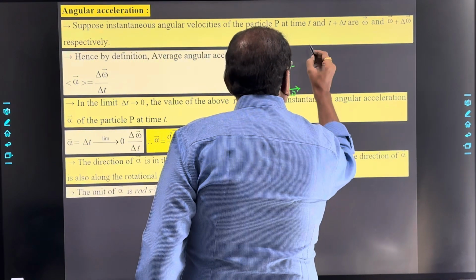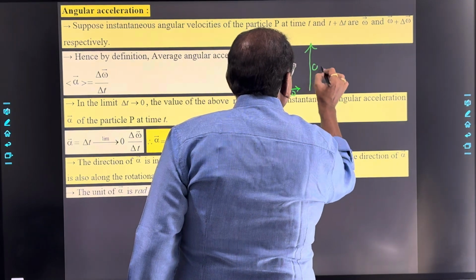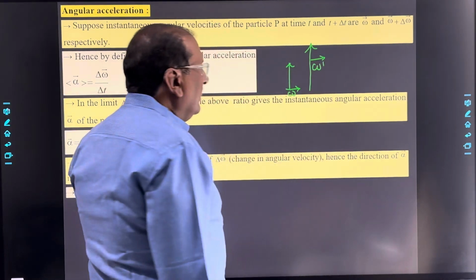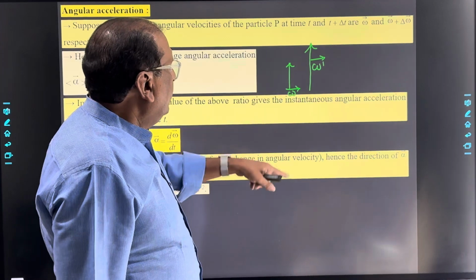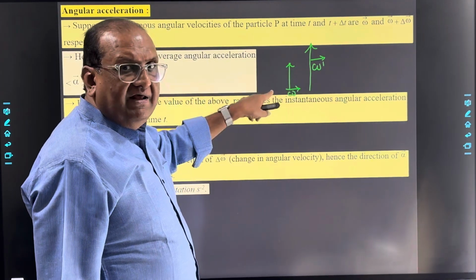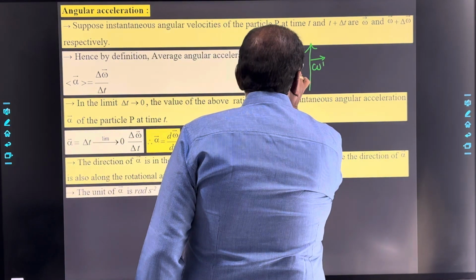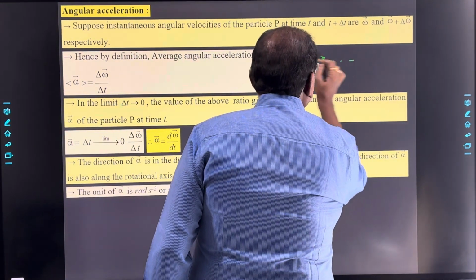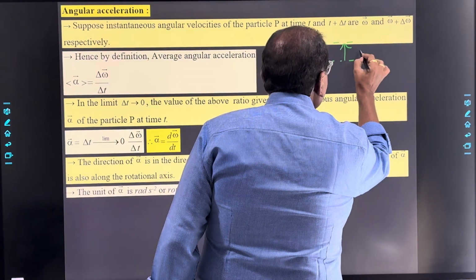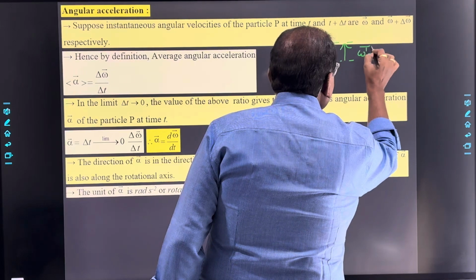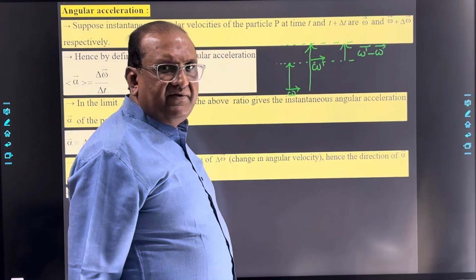So you can represent the new angular velocity omega dash like this. If you take the change in velocity, omega dash minus omega, that is in the direction of omega itself.